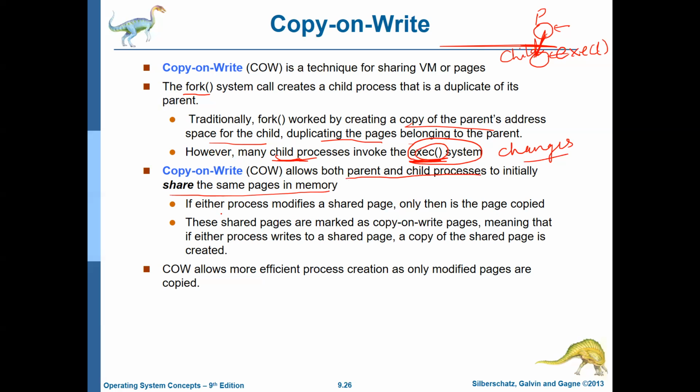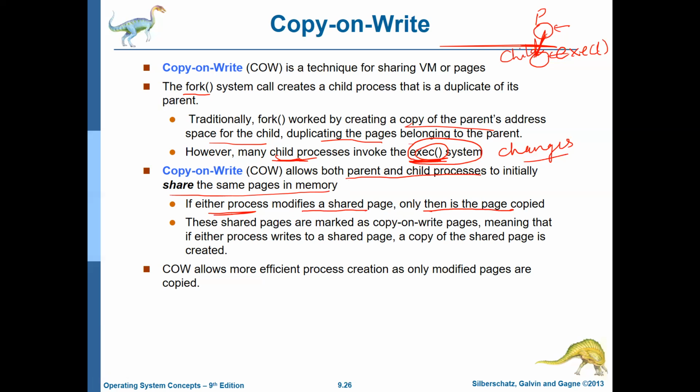So if either process, whether parent or child, modifies a shared page, then only that page is copied. That is, you create an extra copy of that page so that it can be a modified version, not the original version, because only one of them is trying to change.